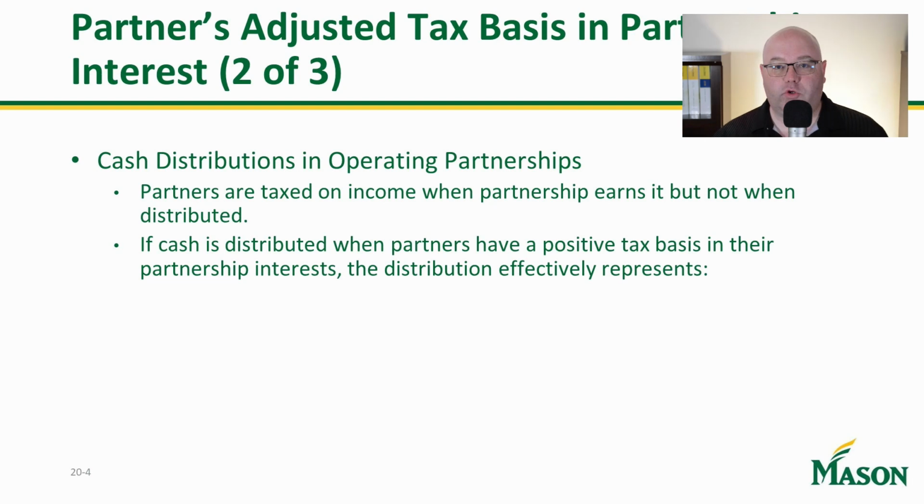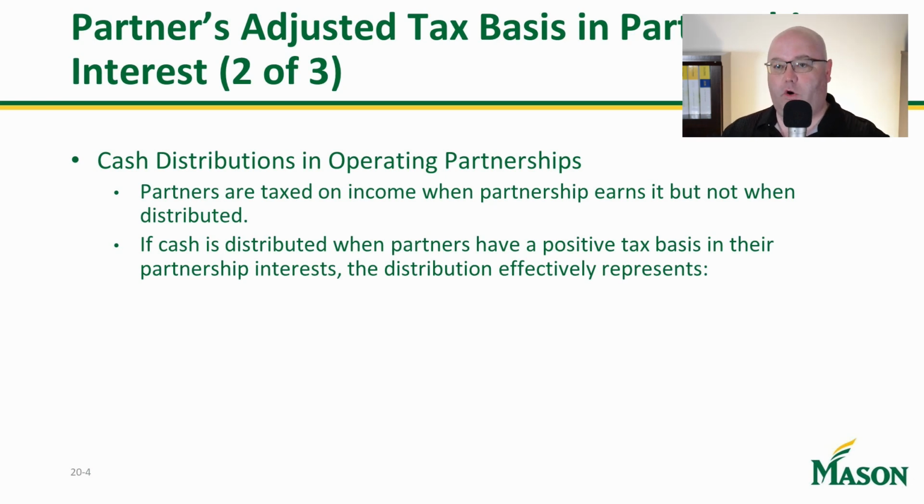So, cash distributions in the operating partnership. What happens is that you're taxed on income when the partnership earns it, but not when it's distributed. So this is one of the reasons why partnerships for many, many years were very popular over corporations because of the effect of double taxation. If you think about it, it actually makes sense. It's tax once, tax at the source.